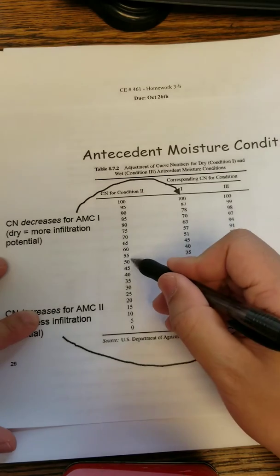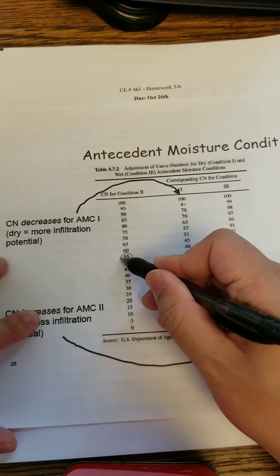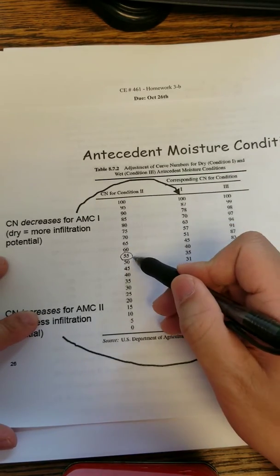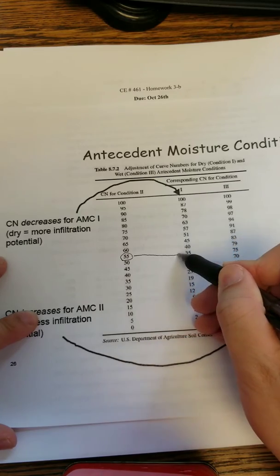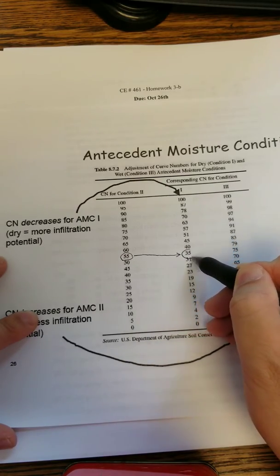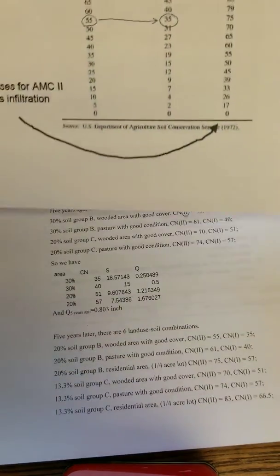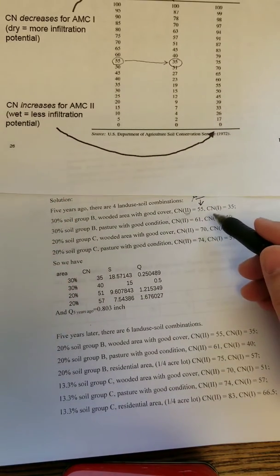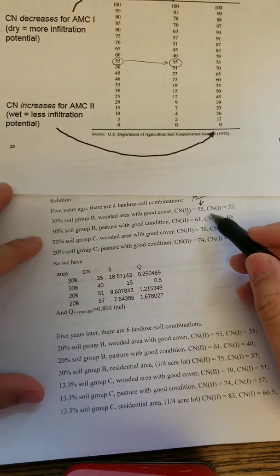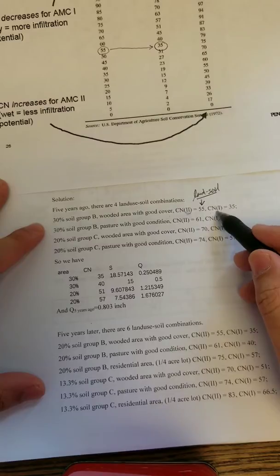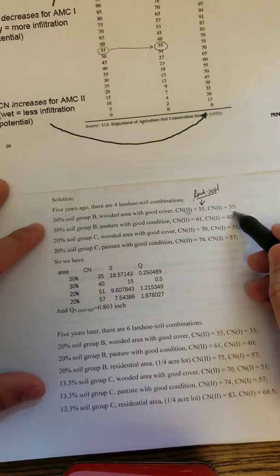Let's say you read 55, then you look across. For type 1, you get 35, and that's what we indicated in our solution here. Your curve number 1 is 35, because that's the adjustment for anticipated soil moisture condition.